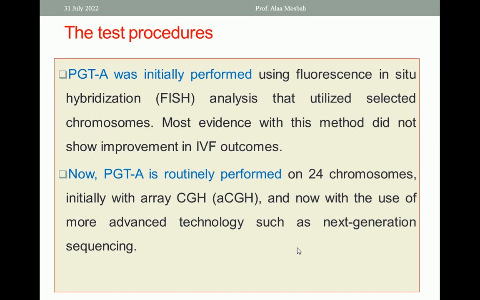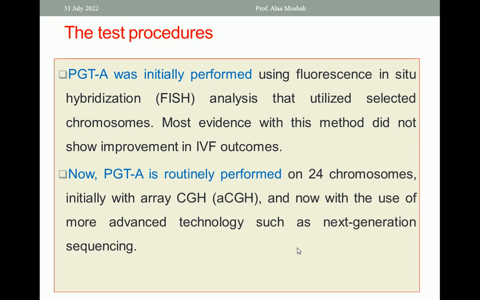Okay, what is the next step? In the past we used FISH, which is fluorescence in situ hybridization analysis, that utilized selected chromosomes. Okay? But most evidence with this method didn't show improvement in IVF outcomes.